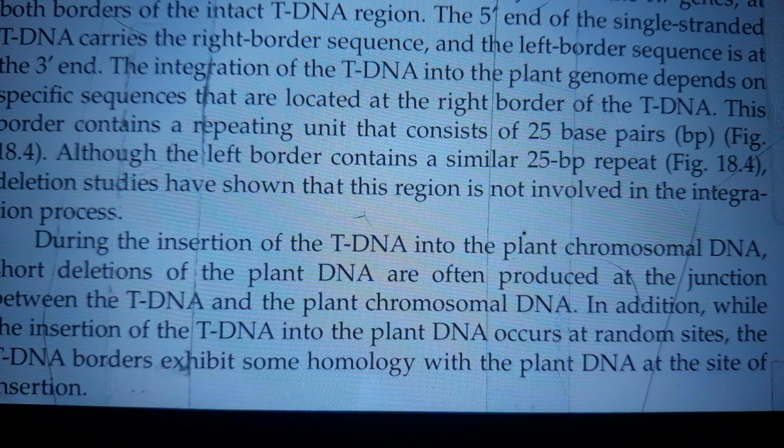The 5' end of the single-stranded T-DNA carries the right border sequence, and the left border sequence is at the 3' end. The integration of the T-DNA into the plant genome depends on specific sequences that are located at the right border of the T-DNA. This border contains a repeating unit that consists of 25 base pairs. Although the left border contains a similar 25 base pair repeat, deletion studies have shown that this region is not involved in the integration process.